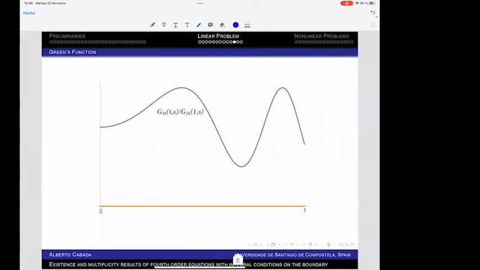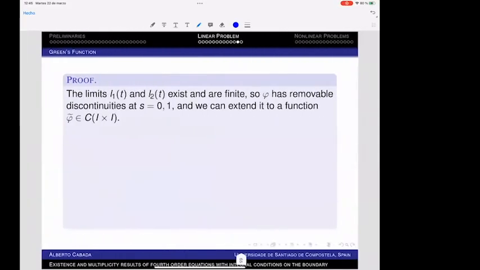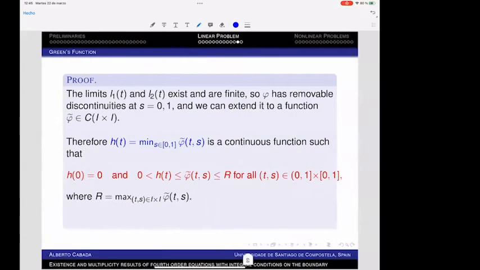For any t, we have that the solution is positive, but when s goes to 1 it is positive, when s goes to 0 it is positive, so we may extend it in the whole I times I. So we can get that the singularities are just a positive value.